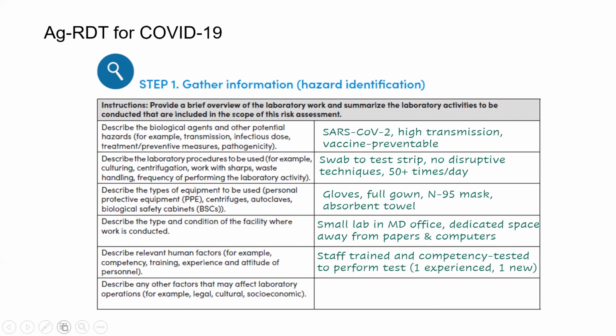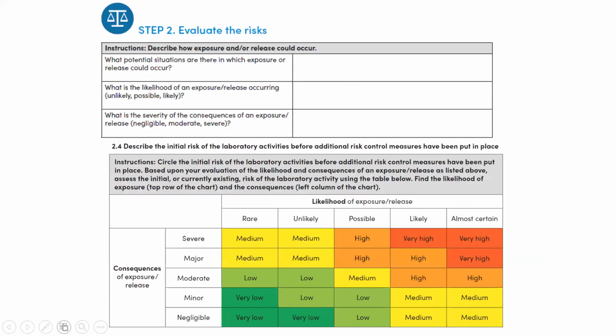Describe any other factors that may affect the laboratory. They say the lab can get busy and crowded during peak hours. So that could be a problem. If there are too many people in there, things can get knocked over. So we're now going to evaluate the risk, and we've already collected the information.